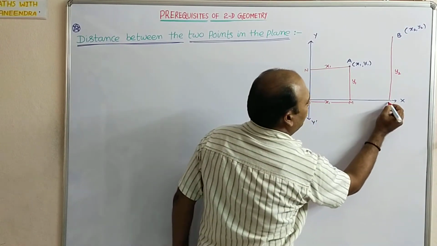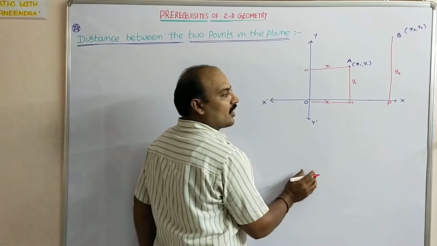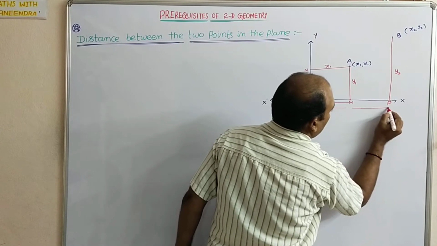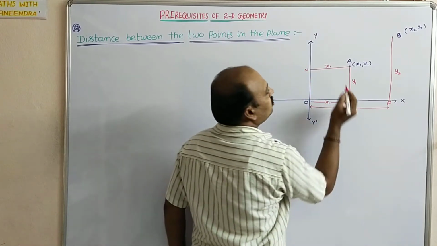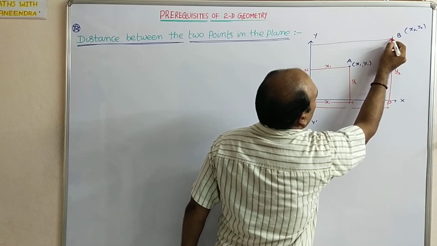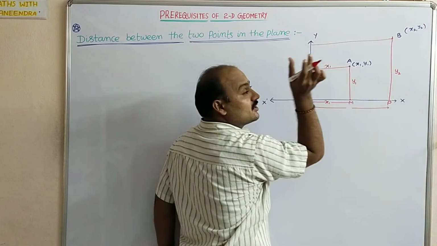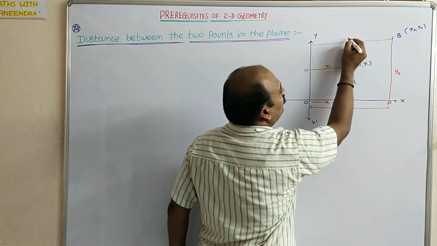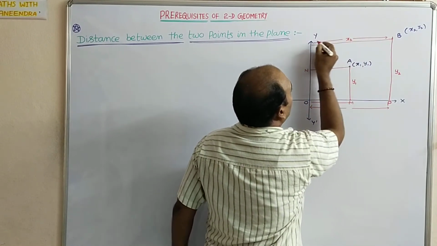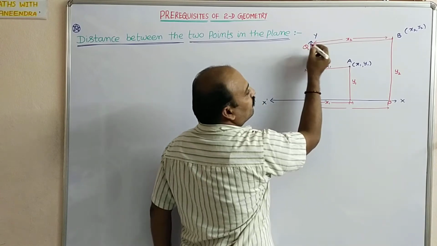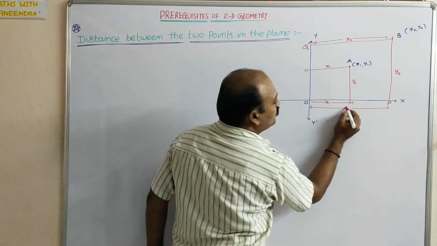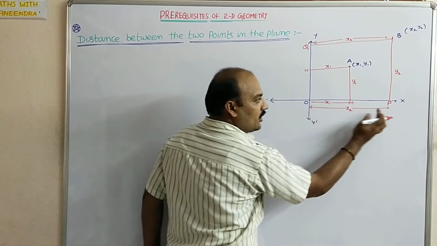Similarly, here take the point P. The distance from point B to the y-axis is x2 units, from here to here. Here I am taking some Q. So BQ is equal to x2, which means obviously PO is also x2.